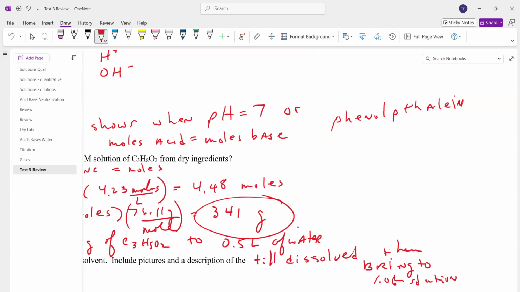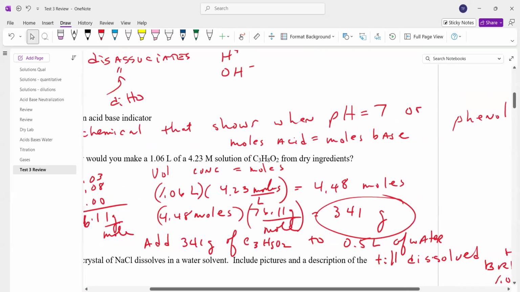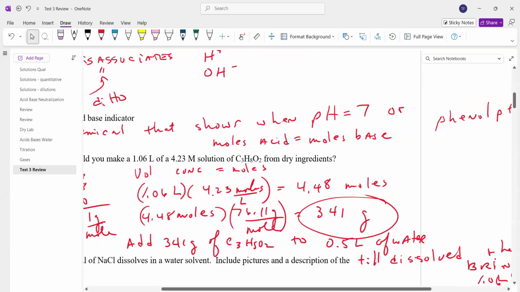Exactly. But if we were to bring that up to what you wrote down, it would be 1.05, not 1.06, right? No, 1.06 final volume. Plus 0.5? Huh? 1 liter plus 0.5? No. You're going to bring the volume up.